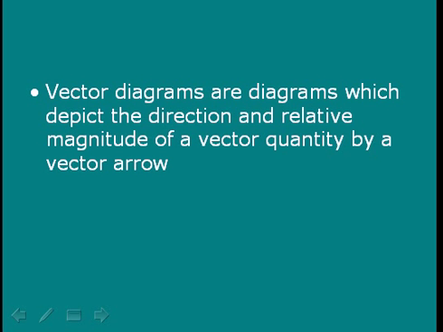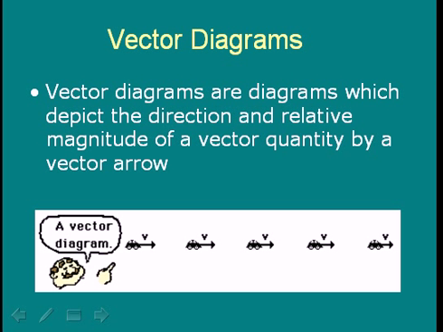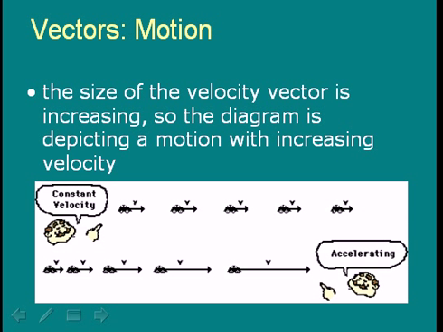A vector diagram shows the direction and the relative magnitude of a vector quantity by an arrow. And as you can see, those are vector arrows. They're for a little car moving to the right-hand direction. Now, the size of the arrow is very important.